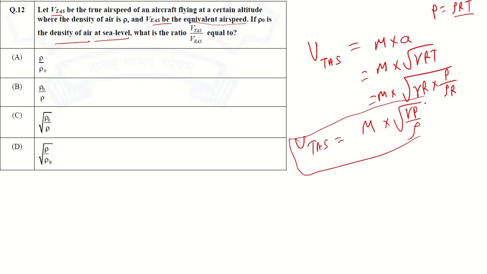So this is also a very important formula. And VES, same as VTAS, we can write as M into square root of gamma P by rho naught, right?